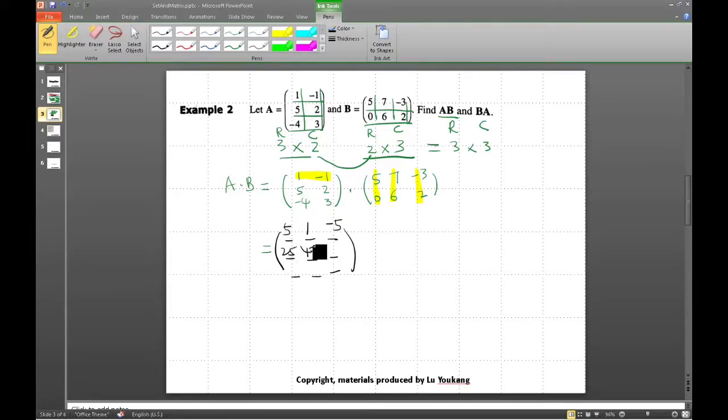You should do it this way, and you will get the results as shown on this slide. I will highlight in the matrix using different colors so that it is easier for you to see.